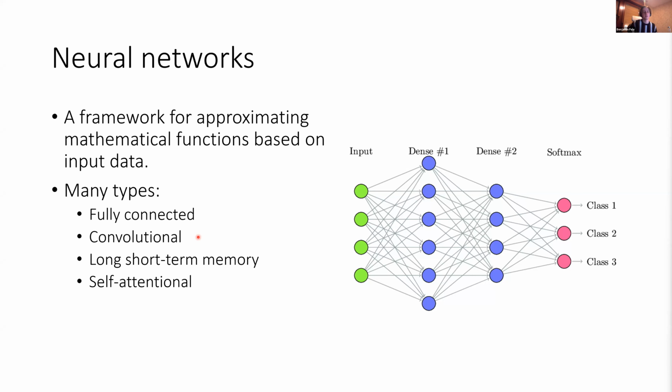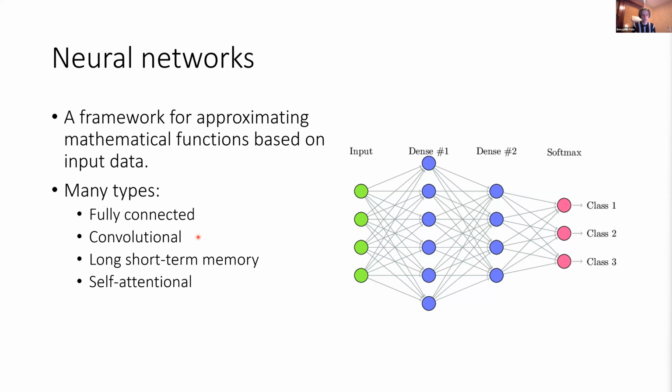You have long short-term memory, which is concerned with sequences of data, and you have lately very popular self-attentional neural networks, which have some kind of attentional mechanism that helps them narrow down the relevant information as it propagates the activations in the network.